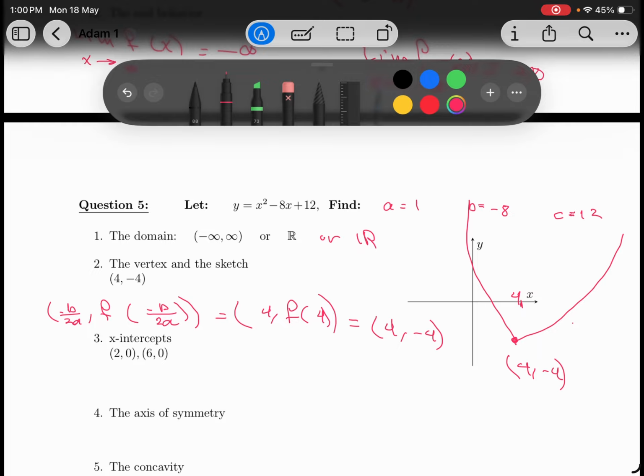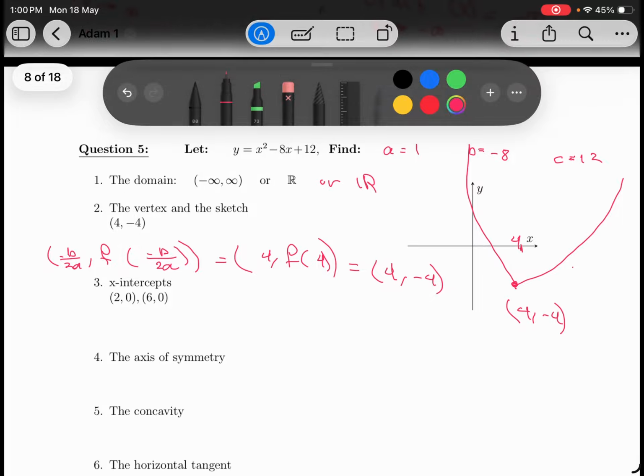So x-intercepts. Obviously there are two x-intercepts here. So how to find them? I will take this function, which is x squared minus 8x plus 12, and make it equal 0. I will use the method of factorization. So I will factor this to x minus 6 times x minus 2 equals 0.